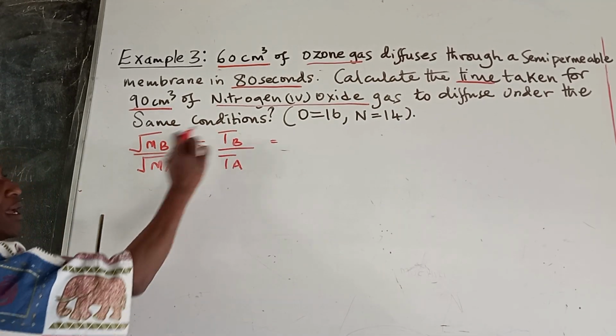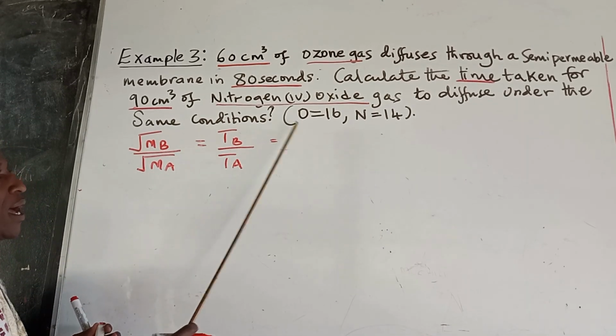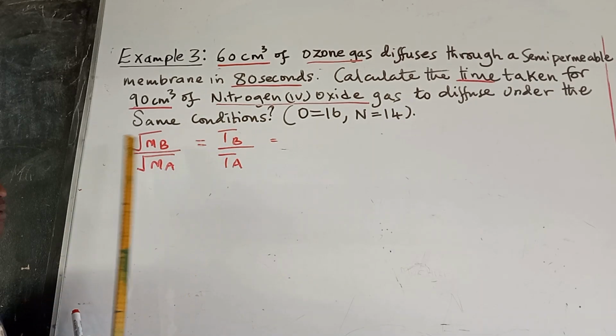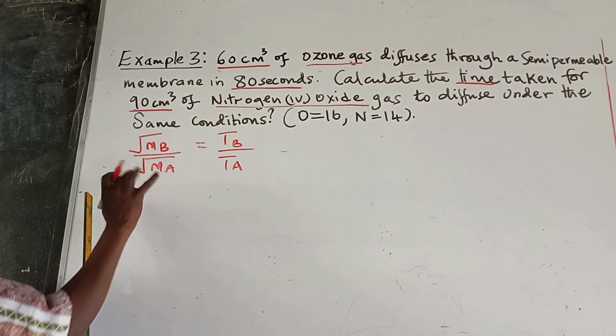However, the rate and molecular mass also have an inverse variation. So since these are the 2 conditions necessary, we can look at them.